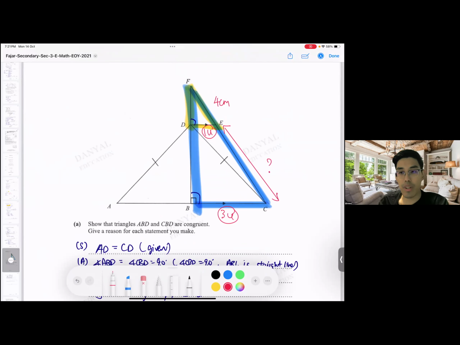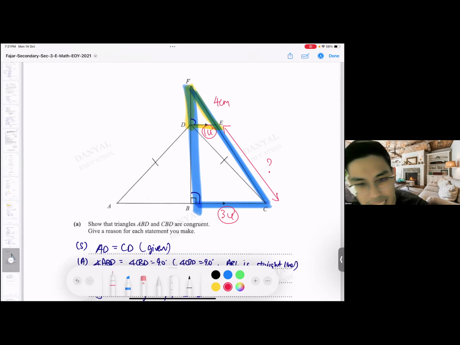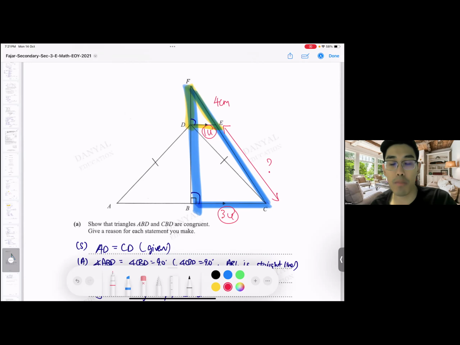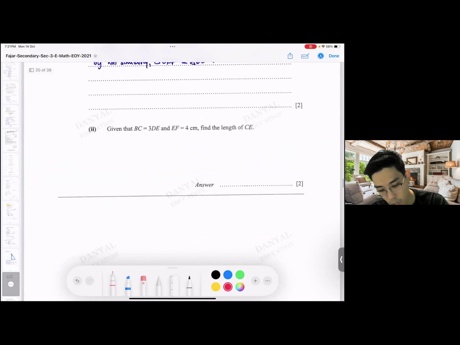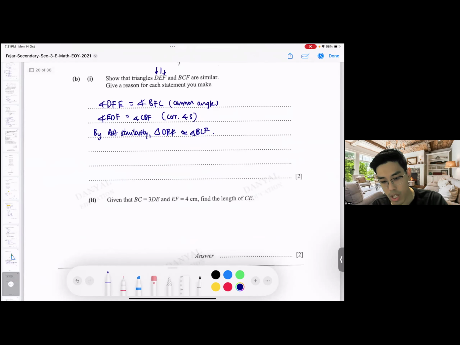Okay, quite straightforward. Okay, of course the answer can be seen immediately, but for similarity wise, let's standardize the presentation here. So for similarities, we already proved in the previous part that triangles DEF and BCF are similar, so we can straight away write down the corresponding ratios.